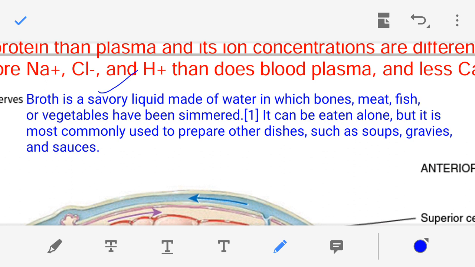In a container, water is boiled, and in this boiled water some bones, meat, and fish are added, and all this food is boiled together, and then some vegetables are added to it.